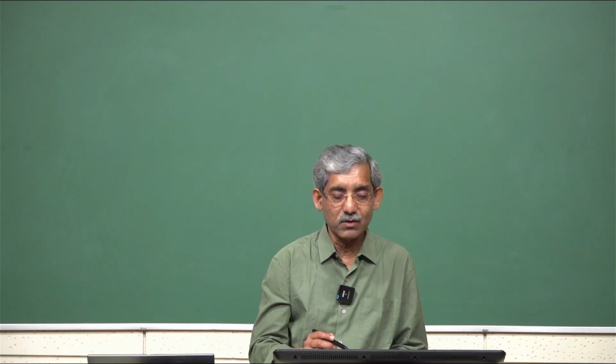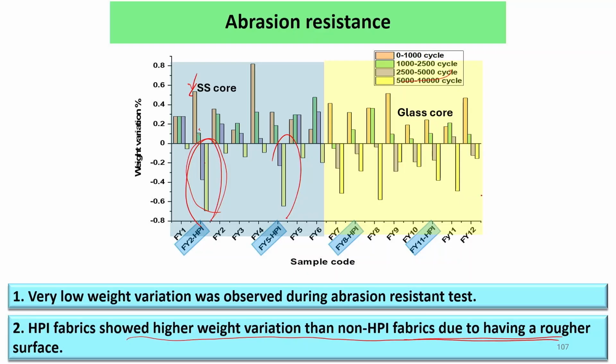The same trend was observed in other fabrics also, not only this hard particle one, because in this fabric structure the outside is ultra high molecular weight polyethylene fibers, and these fibers are very tough, high modulus, high strength. So, that fiber itself was damaging, particularly at higher cycles, that was observed.